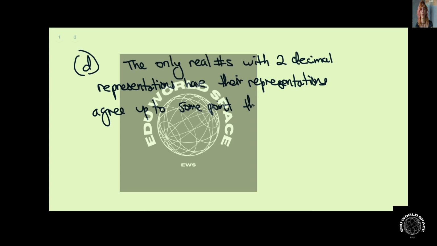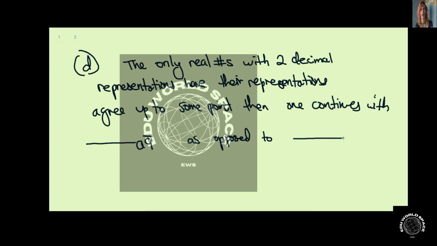Then one of them continues with, so this is after they agree up to some point, and then after that point, one of them looks like A, followed by infinitely many nines, and the other one is the other one.